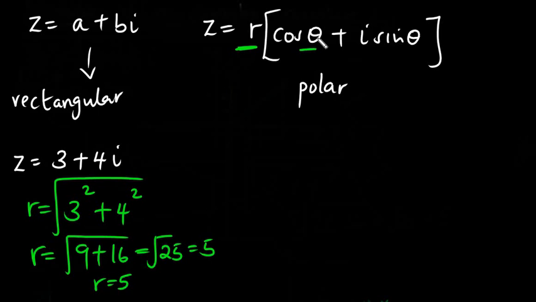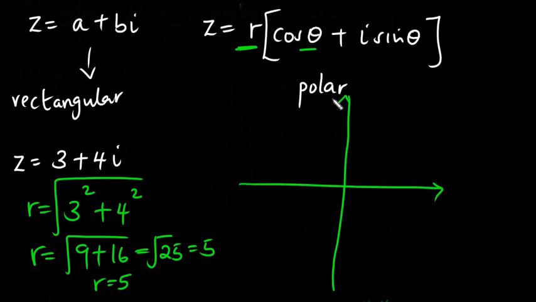So let's now work out the value of theta. Now let's try to map this complex number on the complex plane. We have the real axis and the imaginary axis. We're going to move 3 units on the real axis, so 1, 2, 3, and then 4 units on the imaginary axis, so 1, 2, 3, 4.